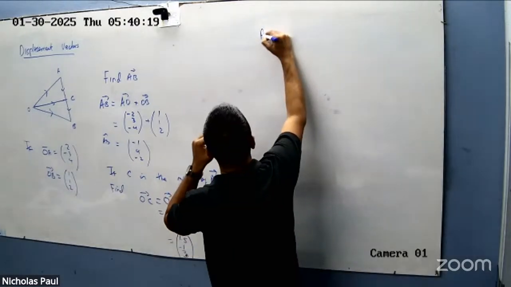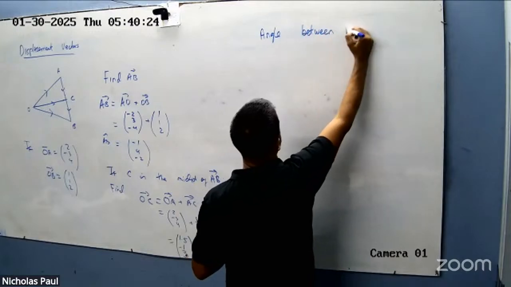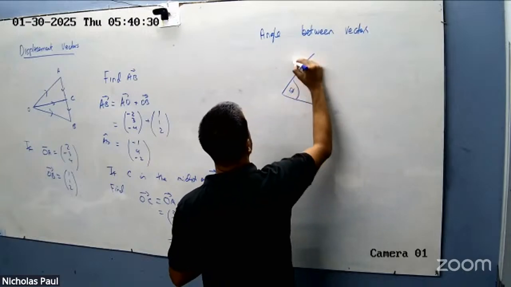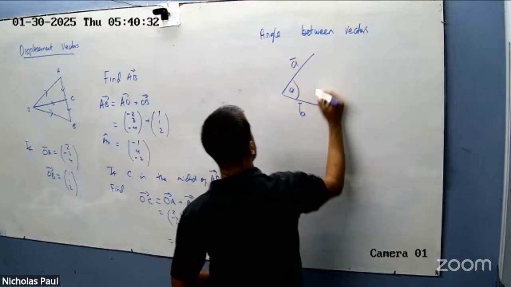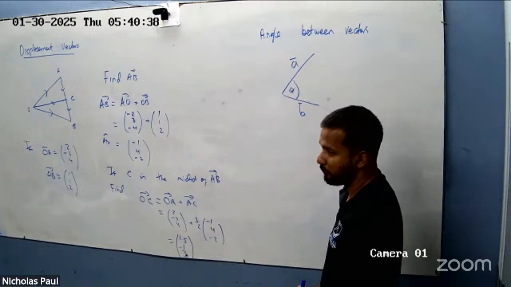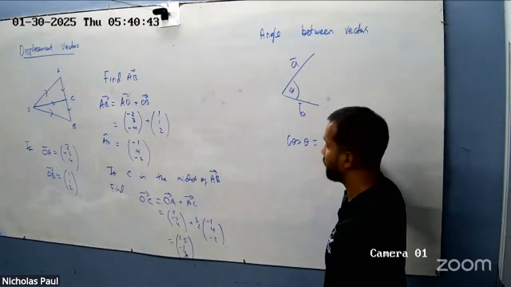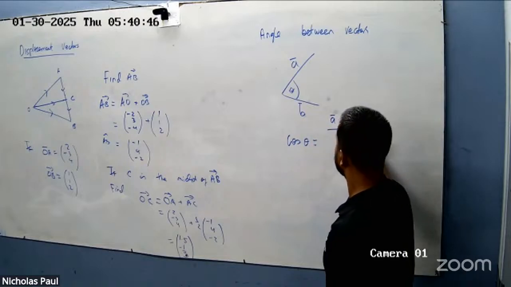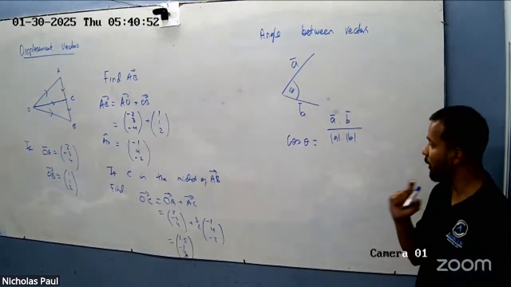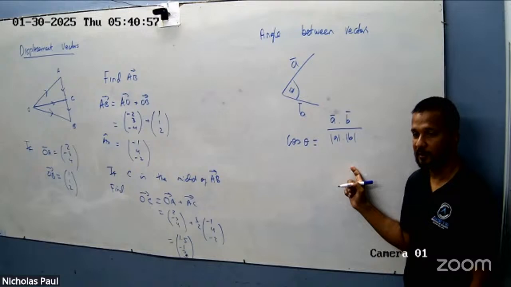Cos theta is equal to the dot product over the product of their magnitudes. So this is how you find the angle between two vectors.